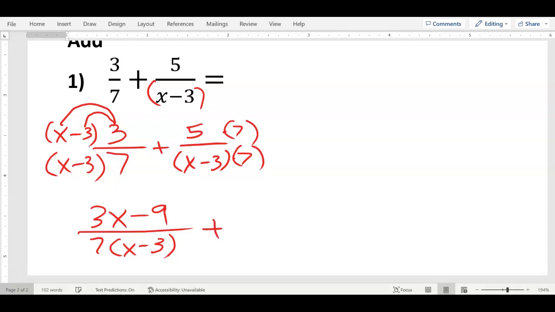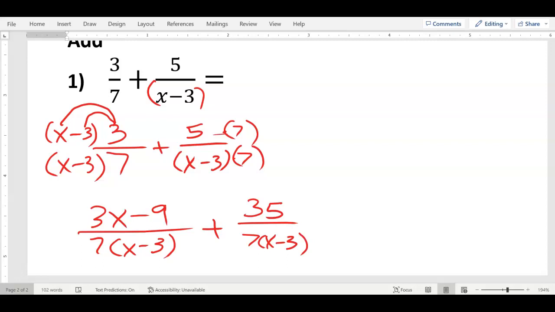Plus sign, yes. And then 5 times 7 over here gives me what? 35. Everyone know this? 5 times 7? Maybe? Go with me? Sleeping? All right. And on the bottom, it's going to be 7x minus 3. Again, all I'm doing is switching the order. It's the same thing.